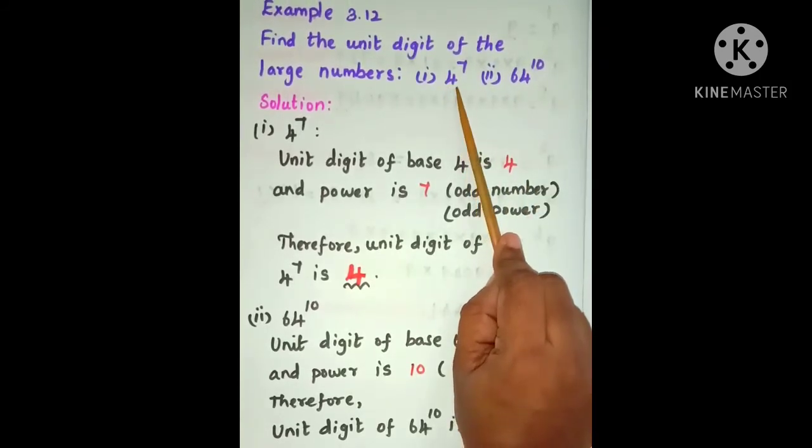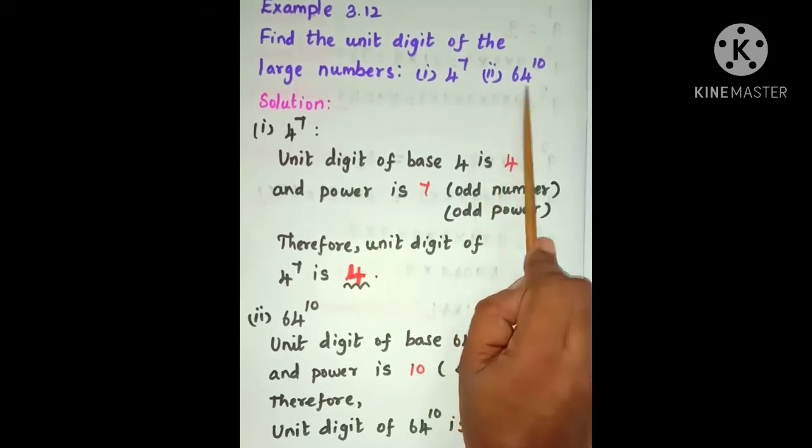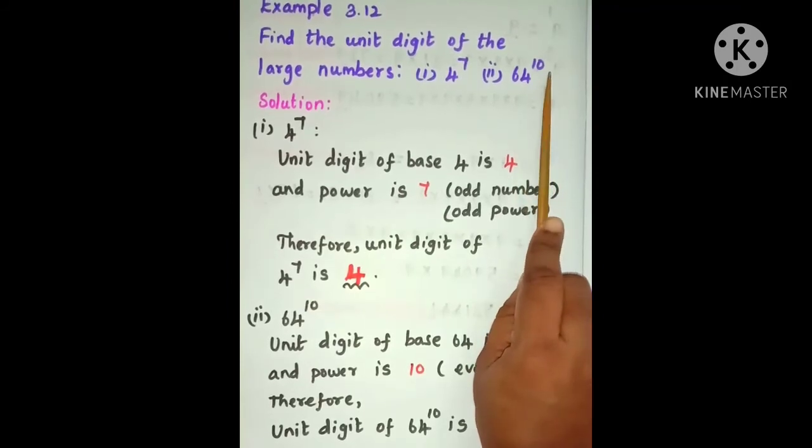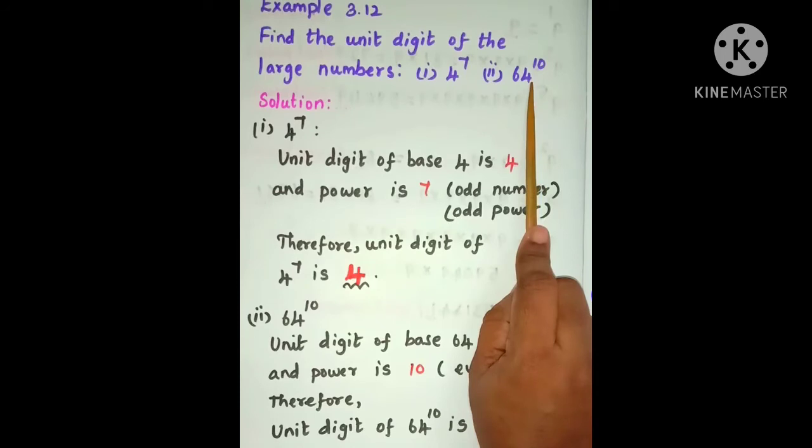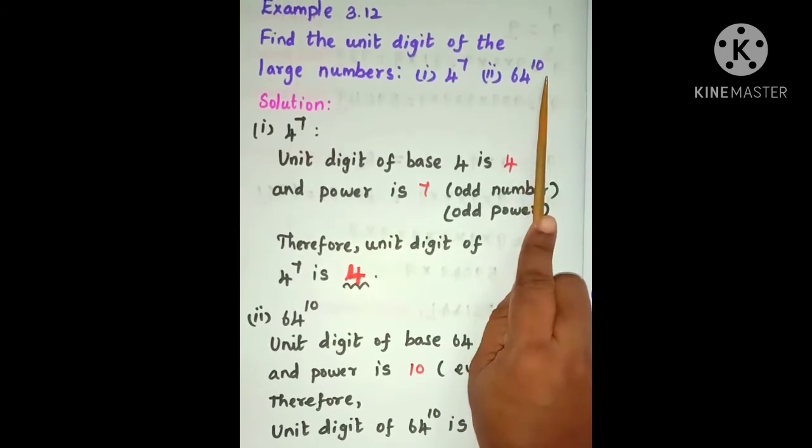We know that for base 4 with odd power, the unit digit of 4 power 7 will be 4. And for base 4 with even power, the unit digit of the exponential form 64 power 10 will be 6.